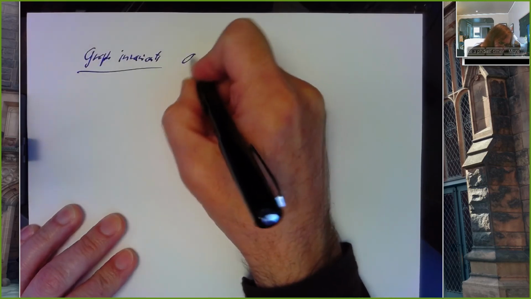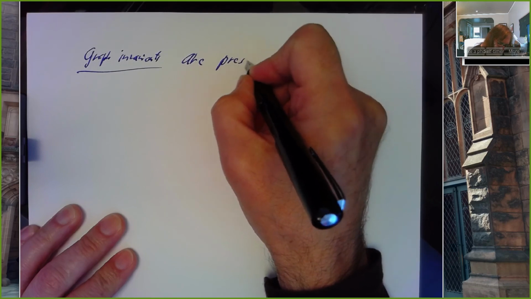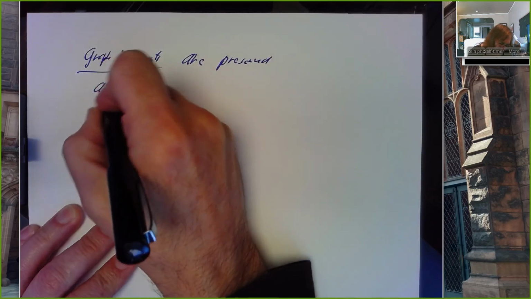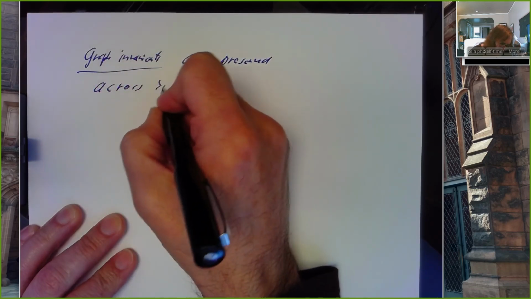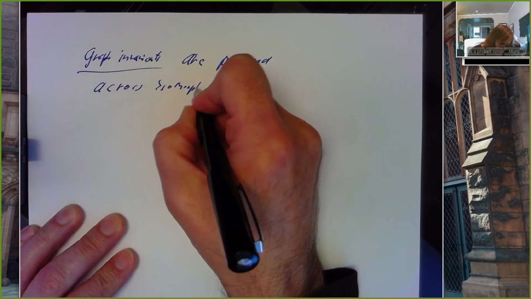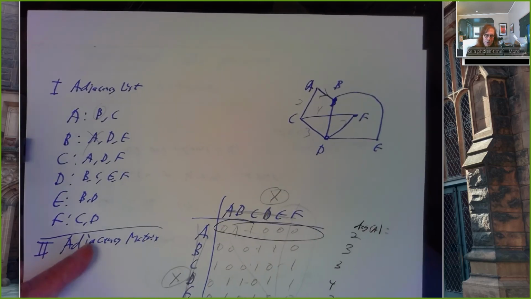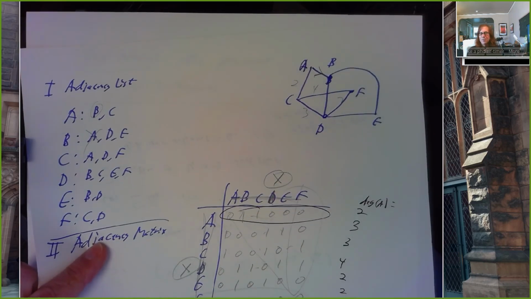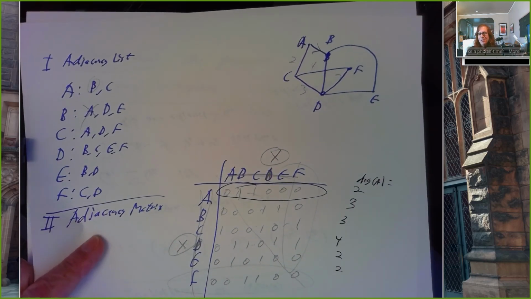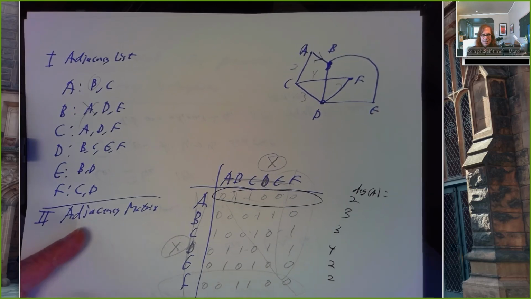So graph invariants are preserved across isomorphisms. So the shape of a graph, or whether or not any edges cross over each other, these have nothing to do with the graph itself.